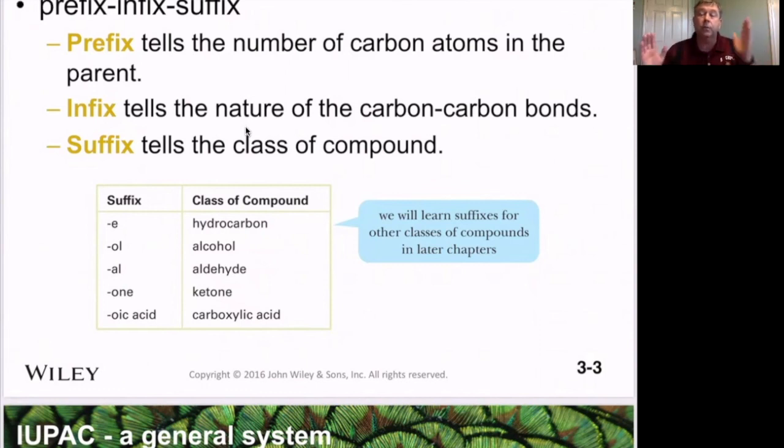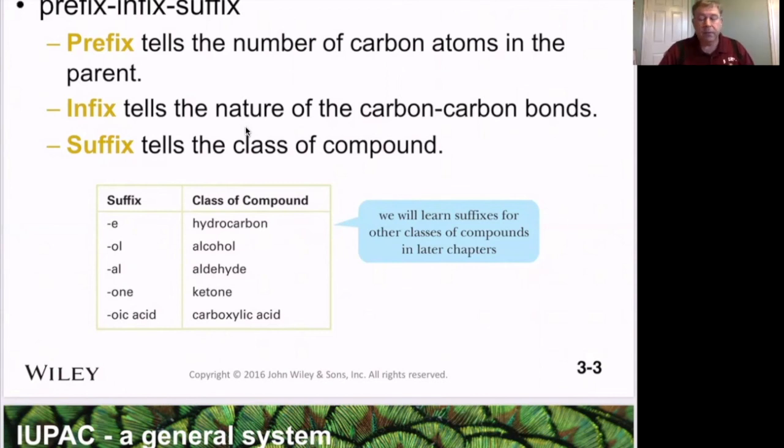So this follows through all of the different compounds we'll be going through in the entire semester, and we'll have different priorities for different groups. Okay, so let's go over that one more time.